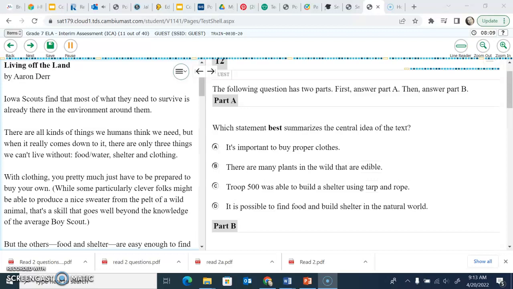So they should be asking you things that are really big and central to the entire piece. Because in Part B, they're going to pull lines from all throughout the text. So it has to be a pretty big question.